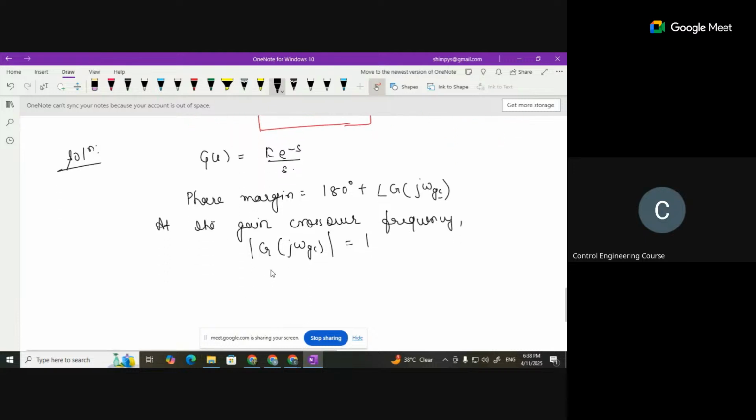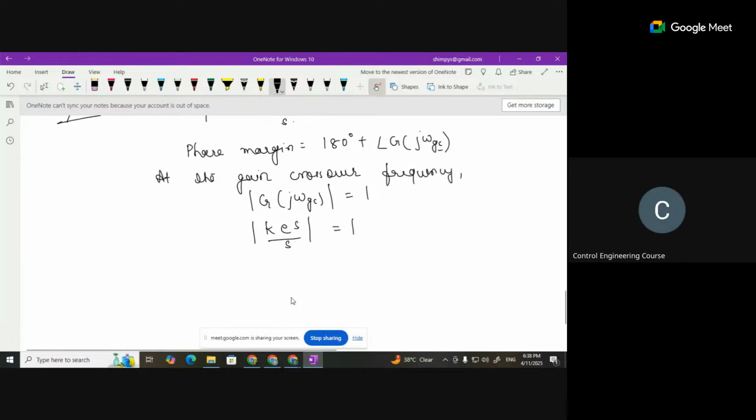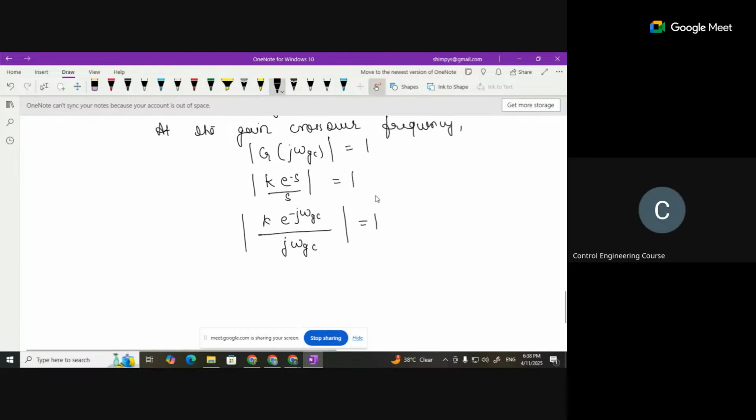So now for the system that is given to us, this should be equal to 1, of course when we are putting the value of s as jω. So this is K e raised to the power minus jω at the gain crossover frequency by jω at the gain crossover frequency should be equal to 1. Now tell me, if I evaluate this expression, what I'll get?